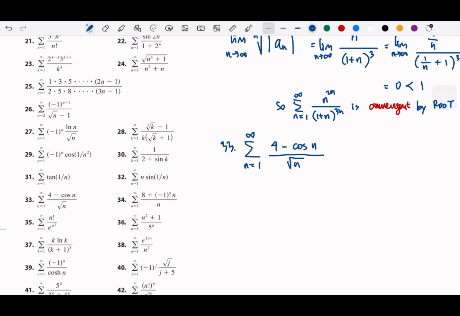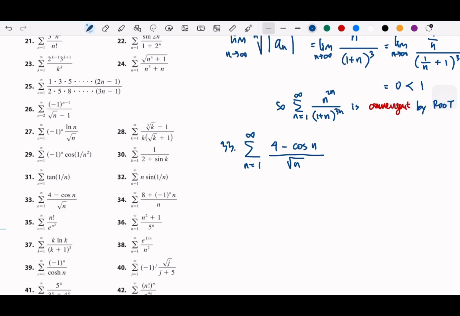Okay, what should we do for this one? Remember, the range of a trigonometric value will be from, yes? From -1 to 1, right?